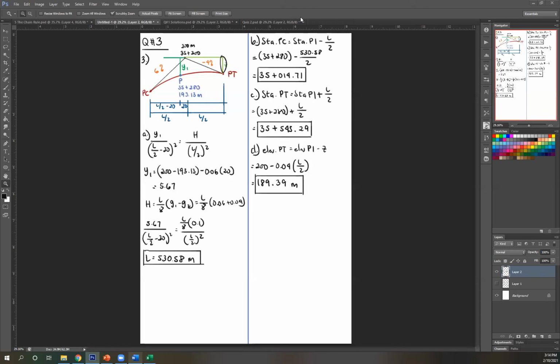Quiz number 4 is exactly the same as the examples given for your unsymmetrical parabolic curve, just different values. So I won't explain that anymore. Instead, I'll just post the solution and answers to your quiz number 4 so that you can recheck it with your own.